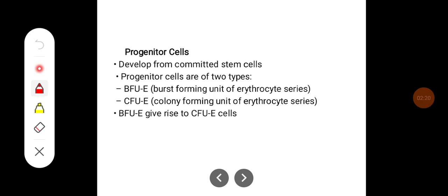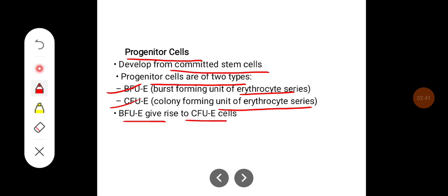Then they give rise to progenitor cells, which are developed from committed stem cells. The progenitor cells are of two types, the burst forming unit of erythroid series and colony forming unit of erythroid series. The burst forming unit gives rise to colony forming unit of erythroid series cells.